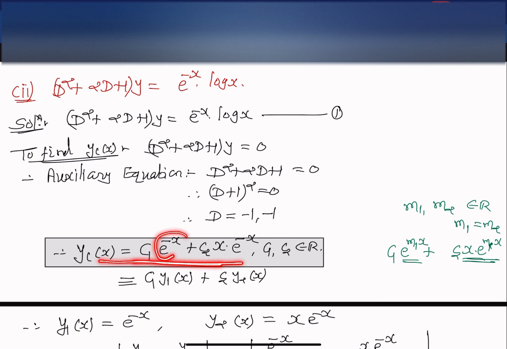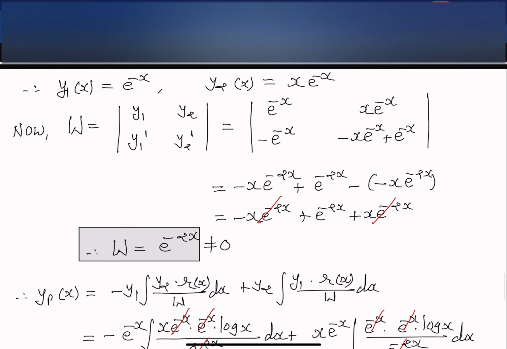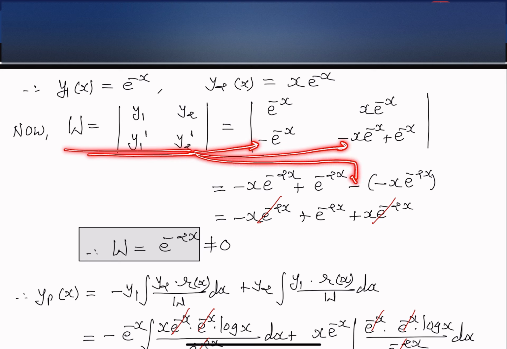From yc(x) I find what is my y1, what is my y2, right? From y1 and y2 I find the Wronskian. I never make any mistake in the derivative as well as in the simplification of the determinant. This is a minus sign. Be careful, right? And so we have the Wronskian. I always mention the Wronskian is not equal to 0.